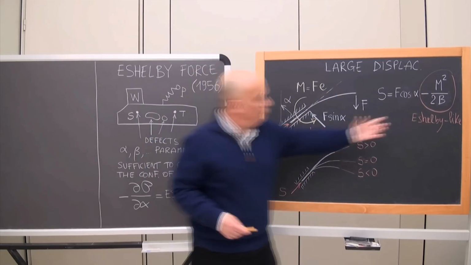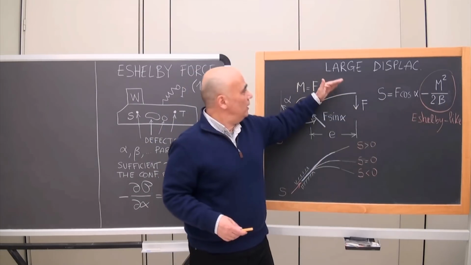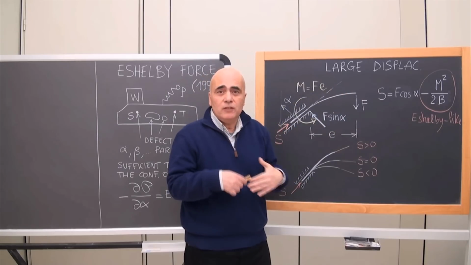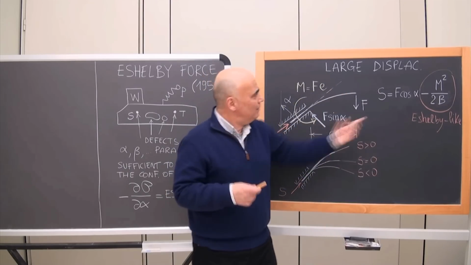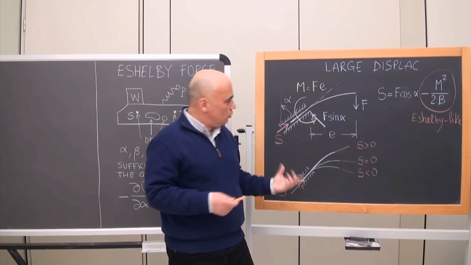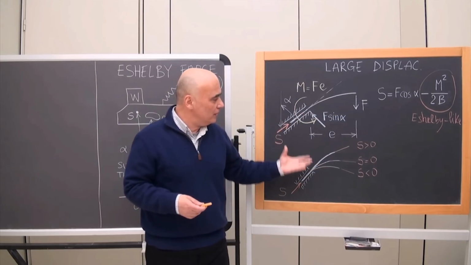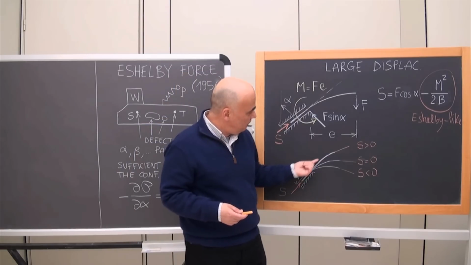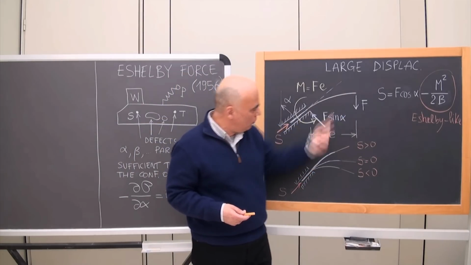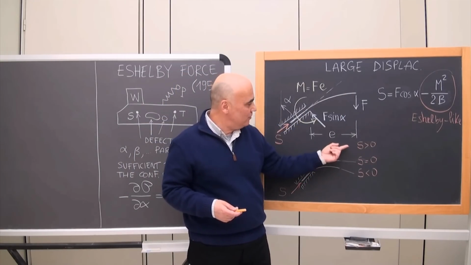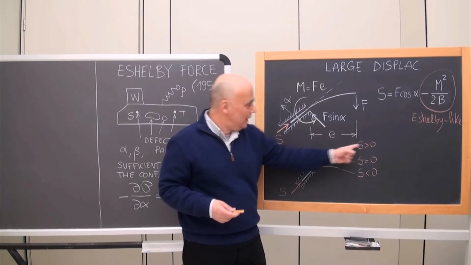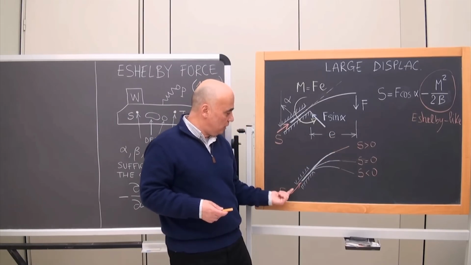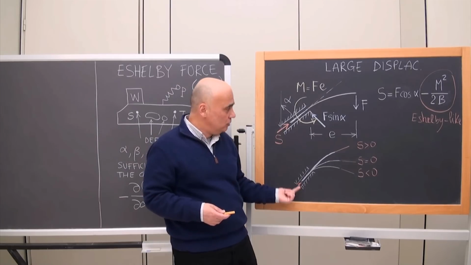Now, this force is small if the displacements are small, but if the displacements grow, then this force grows also, and you may see that in certain cases it becomes dominant. So, for instance, if the deformed shape of this elastic rod has a final tangent with positive slope, then this force S is positive, so has this direction.